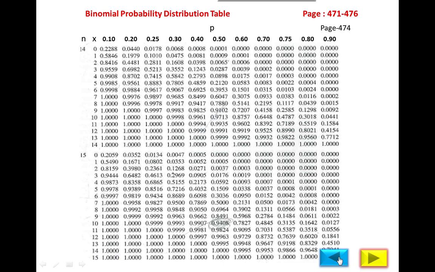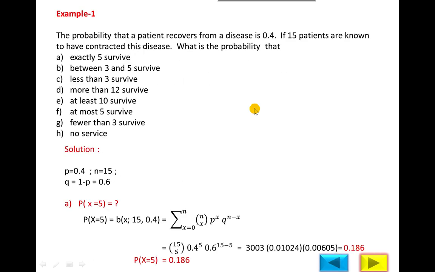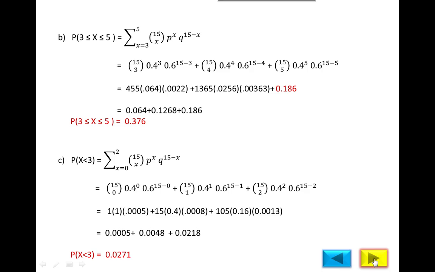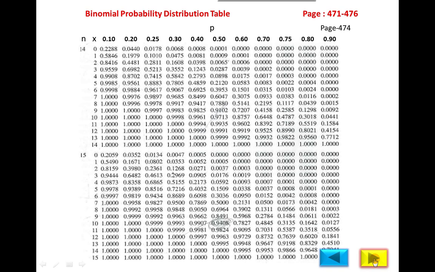So in this question, the value of n is 15, the value of p is 0.4, so we will select the table according to the values of the parameters. Parameter means the value of n and p. First we select the n. In this question n is 15. Then we select the value of p.